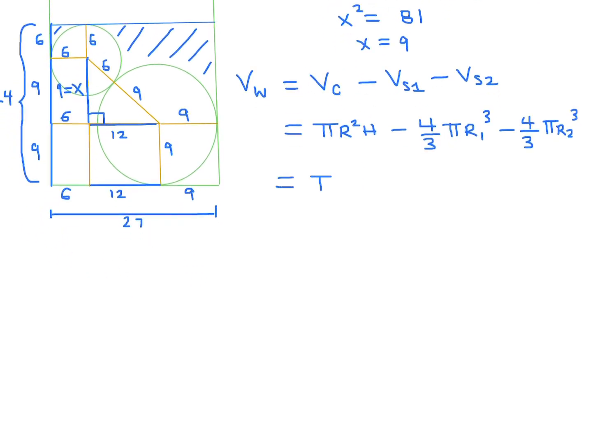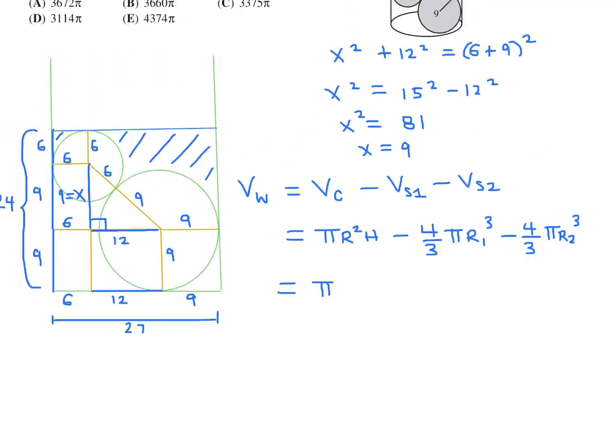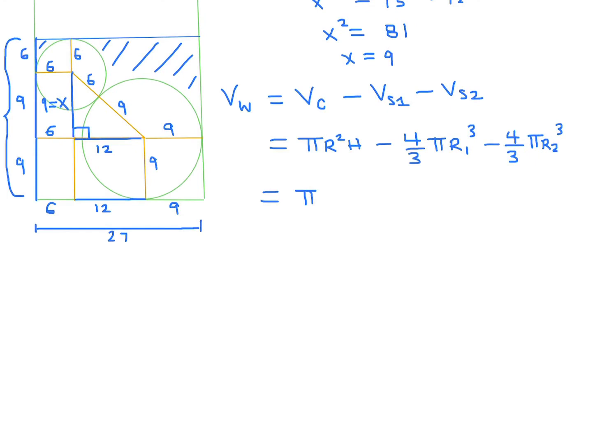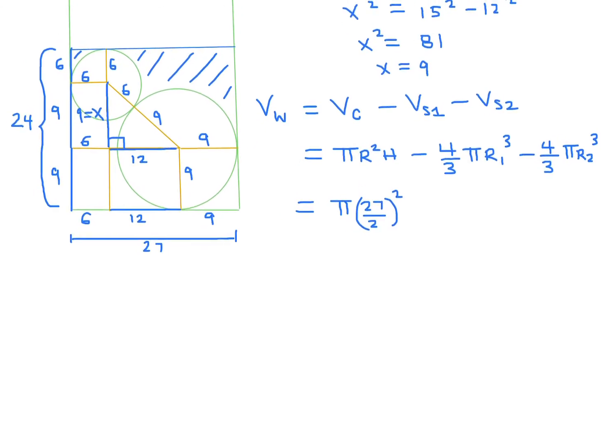So pi r squared h, what is the radius of the cylinder? Well, the diameter is 27, so the radius is half of that, 27 over 2 squared. The height we figured out was 24. That's the height of the water in that tank.